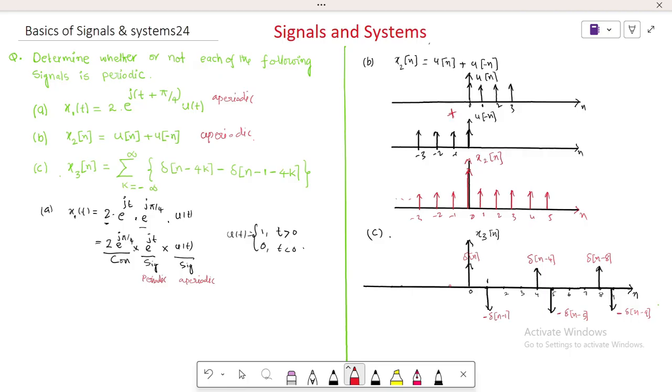Again for the negative values, I am going to substitute k equal to minus 1. So del of n plus 4 minus del of n plus 5. These two are advanced impulse signals. So one impulse at minus 4 and one at del of n minus 1 plus 4, that equals del of n plus 3.